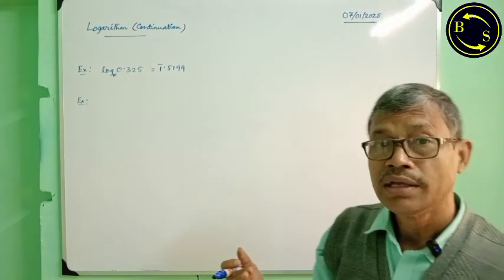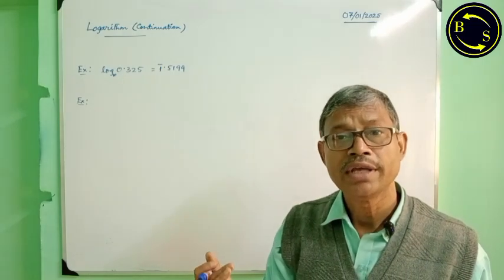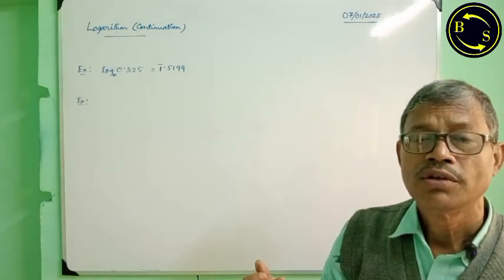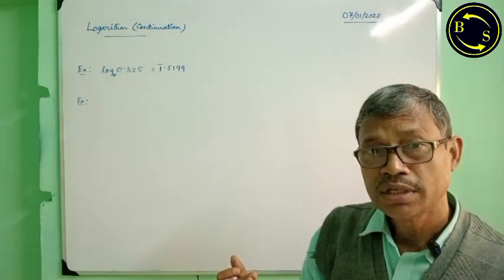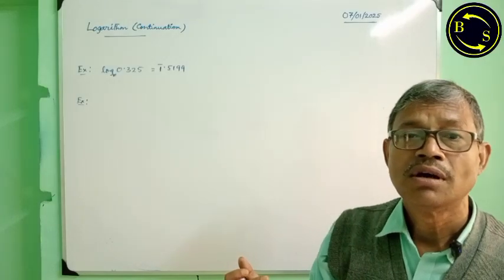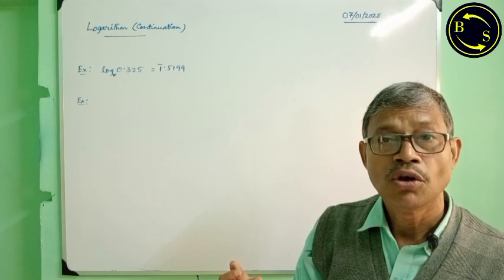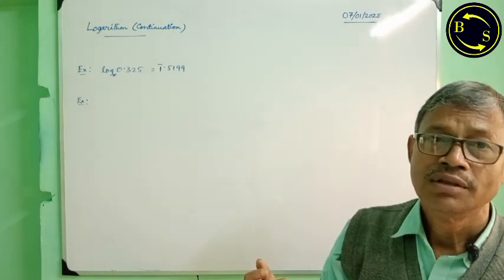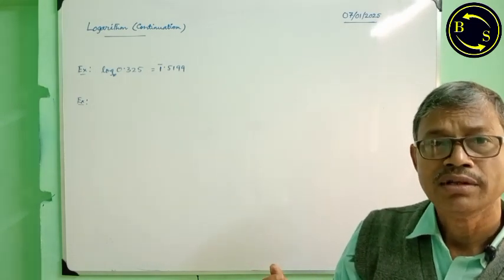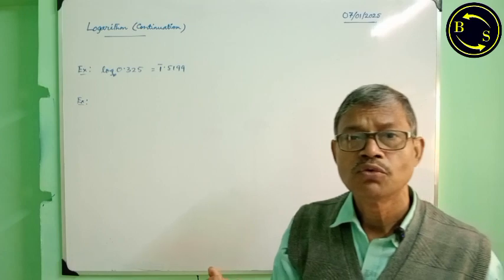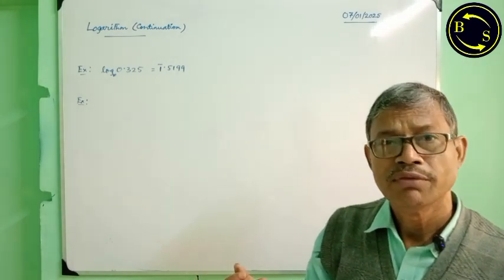They supply log table. For the calculation of such complicated expression, log is to be applied. For that I take an example and show how to find the value of the given expression.